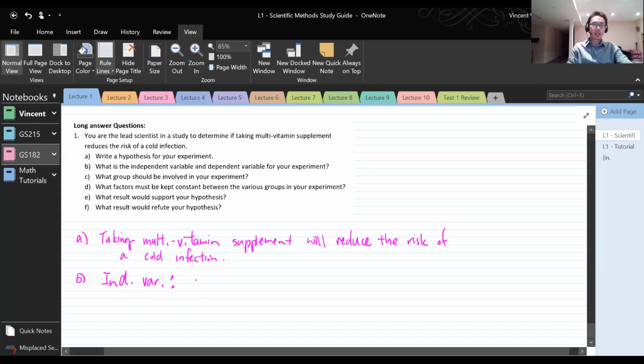The independent variable is taking the supplement or not. That's the one that you are going to be in control of as the researcher. The dependent variable, the one that you're going to be observing or measuring, is the number of cold infections.